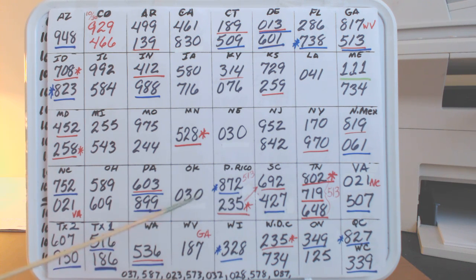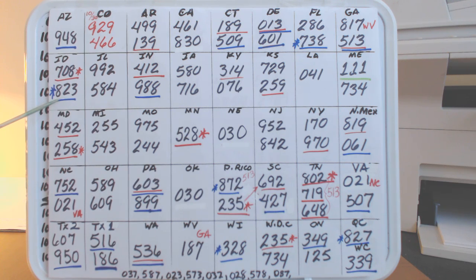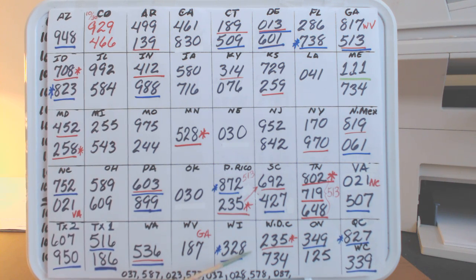Everything underlined with the blue is connected to your 872, your 823, your 328 family, your 339s, and most of them are crossover numbers. But you cannot get a crossover number from a secondary number that is going to take you to a primary number. So I'm going to get to that in a moment.